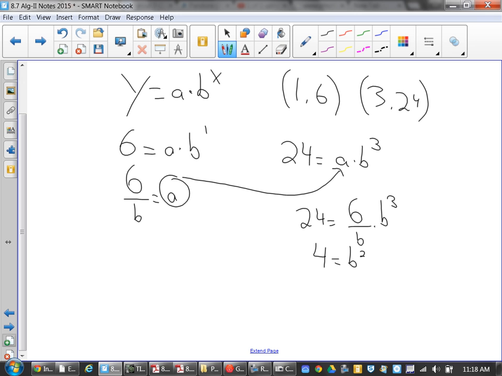Well, remember, when you're dealing with exponential rules, exponential growth and decay were defined by a b value greater than 1 is growth.